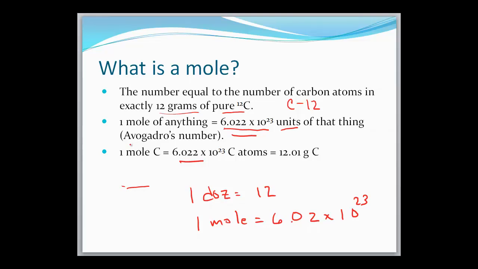We call the mole Avogadro's number. And if you remember back when we were talking about the history of chemistry, Avogadro is honored with that value. In other words, it wasn't Avogadro who discovered the mole, it's Avogadro's number in honor of him.